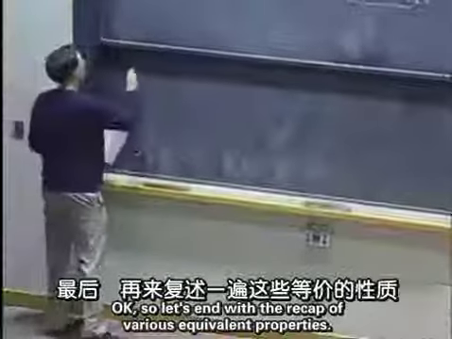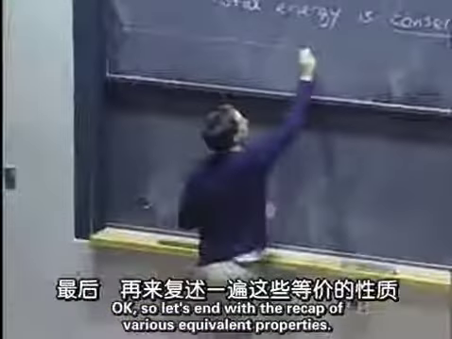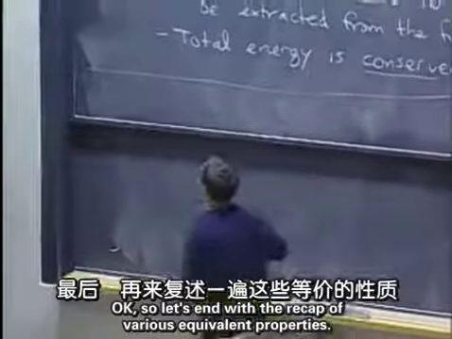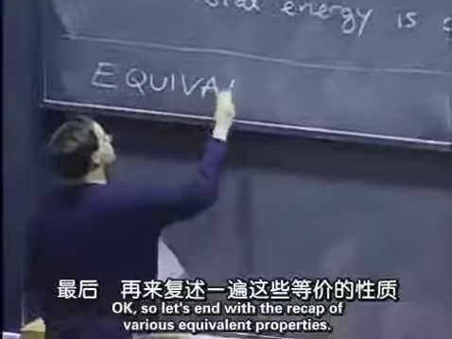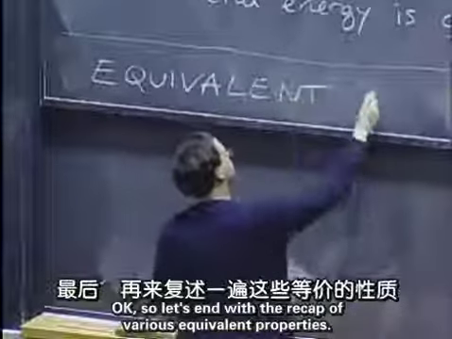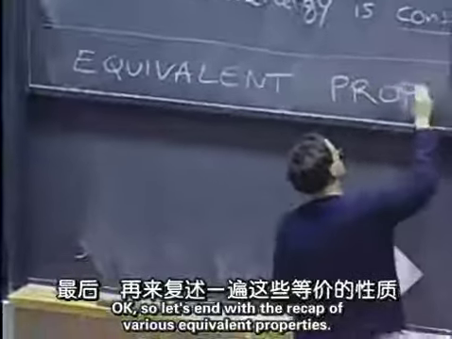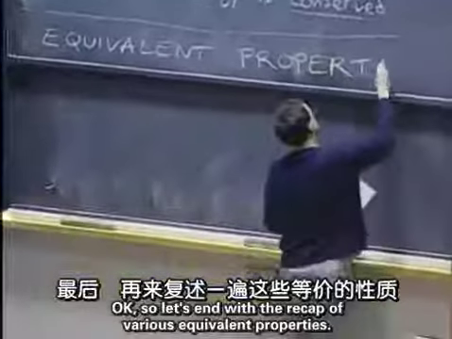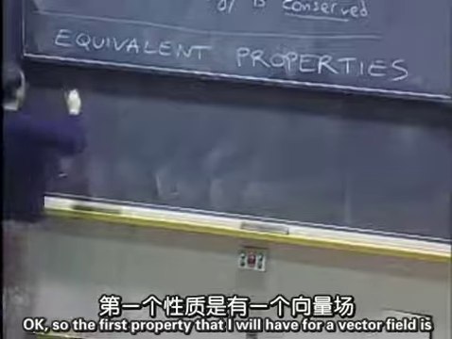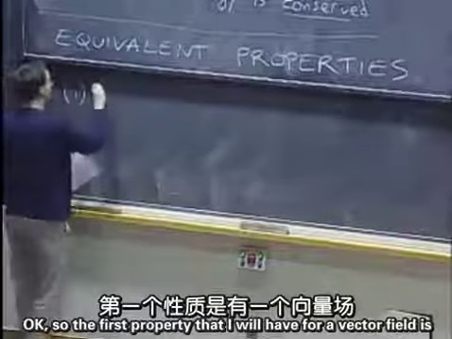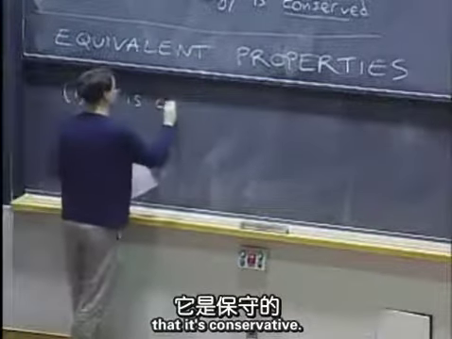Okay, so let's end with a recap of various equivalent properties. Okay, so the first property that I will have for a vector field is that it's conservative.